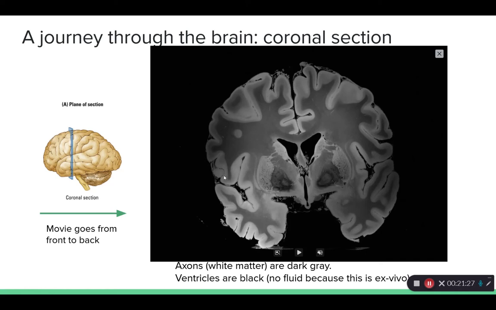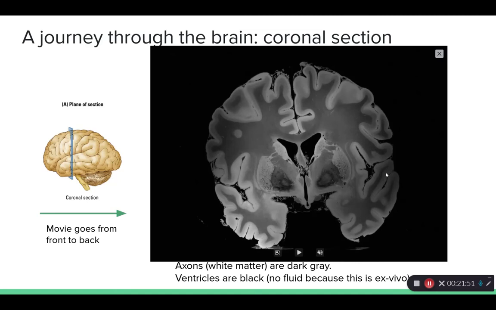Now, hopefully, you remember from our first lecture, this fissure here. Hopefully, you should remember that this is the lateral fissure, and this is exactly what the lateral fissure describes, that it runs laterally from front to back, and it separates the temporal lobe from the parietal lobe and from the frontal lobe above it.